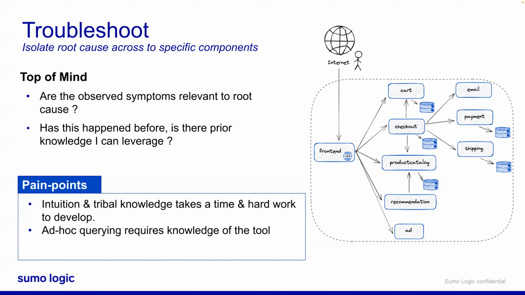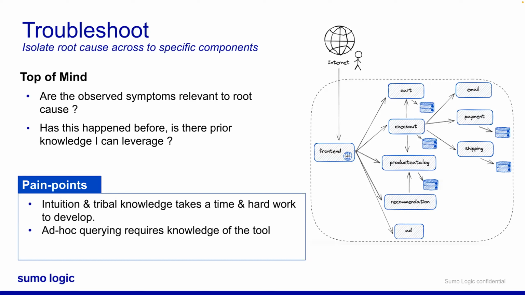And these are also big pain points, because institutional and tribal knowledge takes a long time to build. Knowing that this thing happened in the past and these are the learnings that I can apply is not easy. If you're a seasoned engineer on the team, maybe it's easier for you, but especially for junior engineers, that might not be that easy.